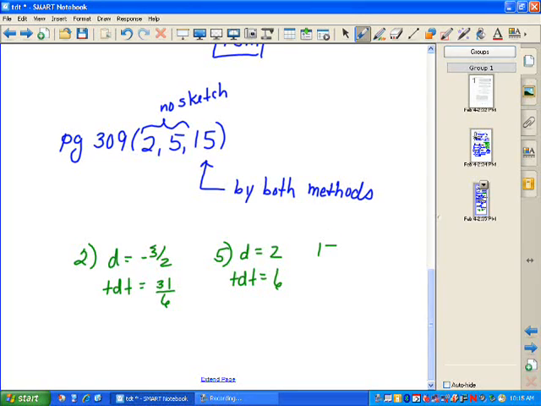And 15. Now remember, by both methods, obviously you should be getting the same answer. Same answer either way you do it, I should say.